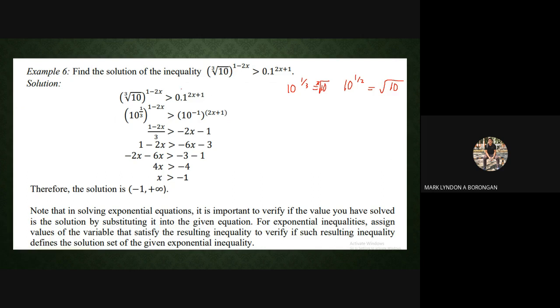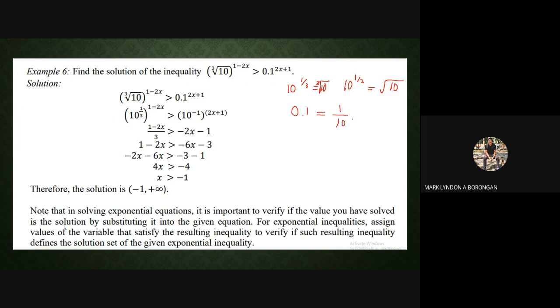So you have there the cube root of 10 can be rewritten as 10 to the power of 1/3 to the power of 1 minus 2x. Okay, greater than 10 to the power of 1. Nganong 10 to the power of 1 man? Kay atong 0.1 is just equal to 1 over 10 lang man, di ba?